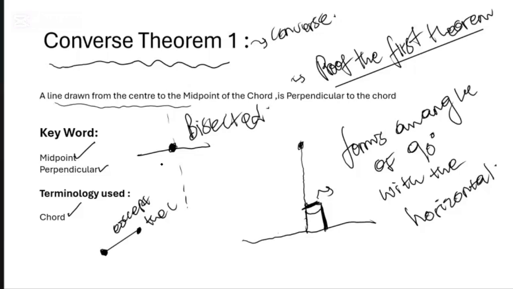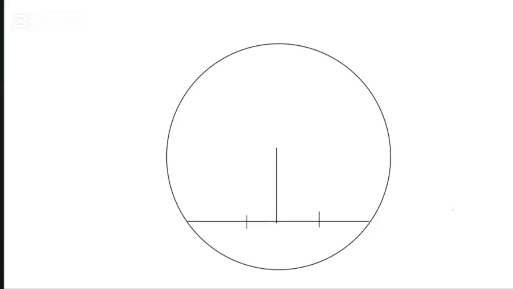Now let's check our diagram. This is a line drawn from the center of the circle, and this is our chord, and this is our bisected chord, where we have found the midpoint.